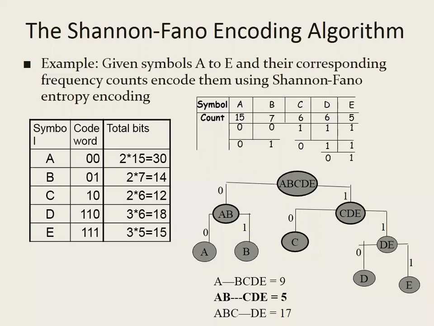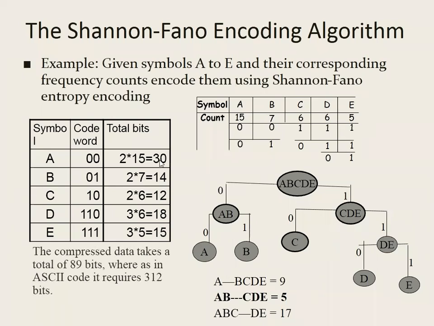How much space is required for a text containing 15 A, 7 B, 6 C, 6 D, and 5 E? In terms of ASCII code, it requires 312 bits: 15 times 8 plus 7 times 8 plus 6 times 8 plus 6 times 8 plus 5 times 8.